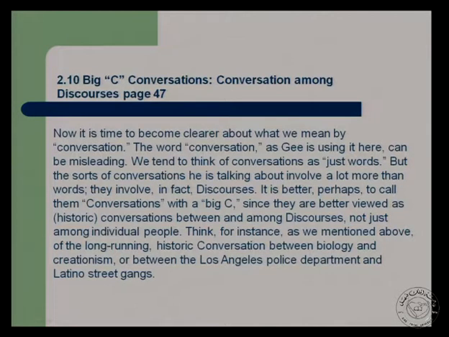The conversation between Native Americans and white Americans has something to do with the history of America as a country. They are conversations between and among discourses, not just among individual people. Please keep this in mind.